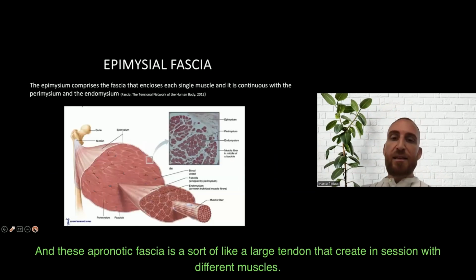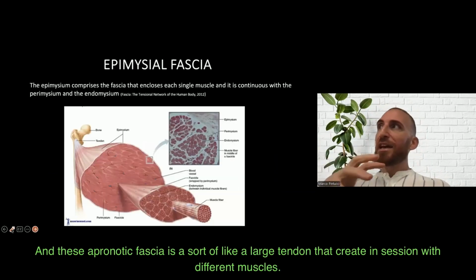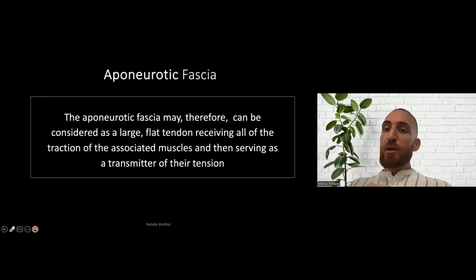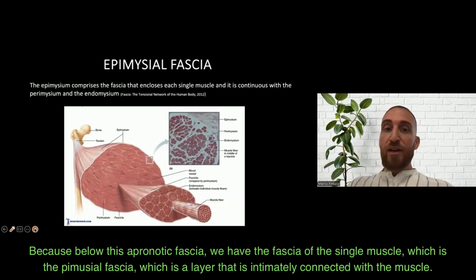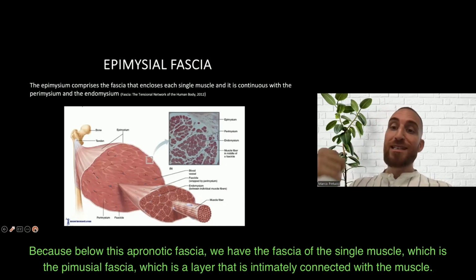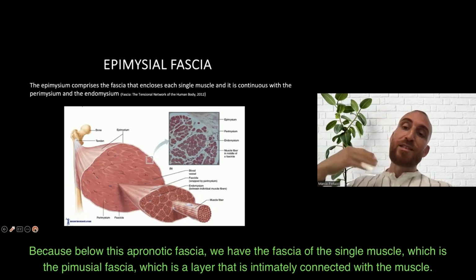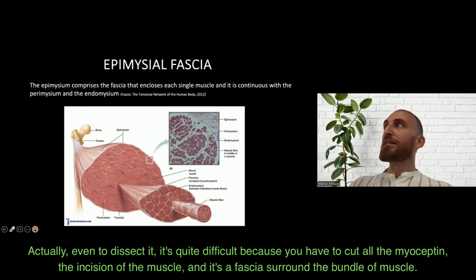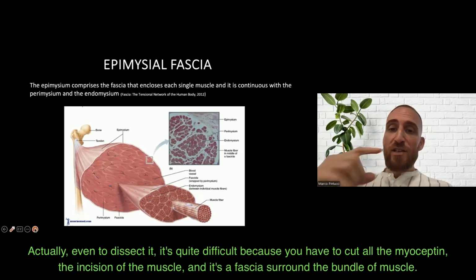This aponeurotic fascia is like a large tendon that creates insertions with different muscles. Below it, we have the fascia of the single muscle, which is the epimysial fascia, a layer that is intimately connected with the muscle. Even to dissect it is quite difficult because you have to cut all the myoseptum, the insertions of the muscle, and it's a fascia that surrounds the bundle of muscle.